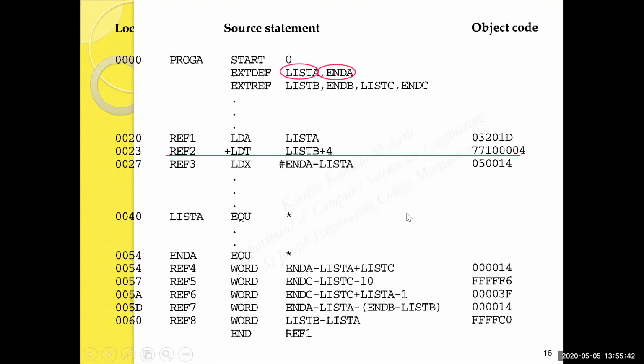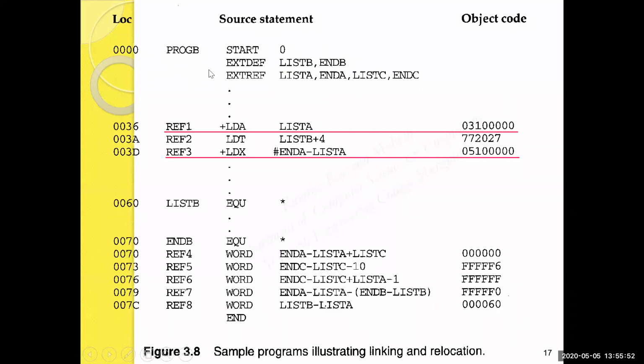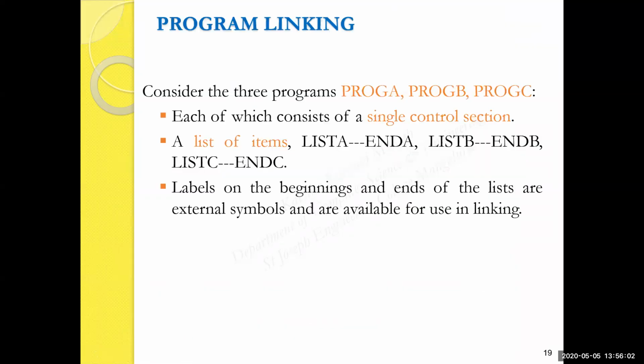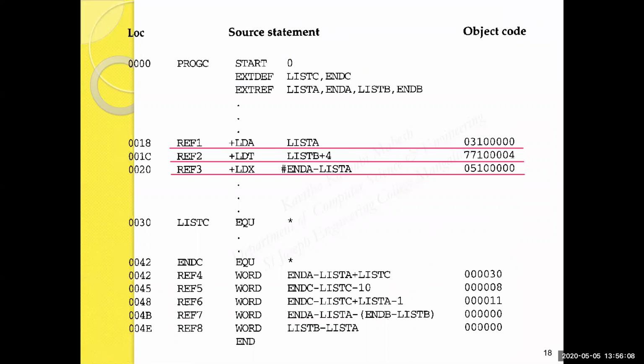To begin with, we consider three source programs written in assembly language for SIC/XE, namely Program A, Program B, and Program C. Each of these programs is separately assembled by the assembler, and you may see that each program, Program A, Program B, Program C, consists of a single control section.